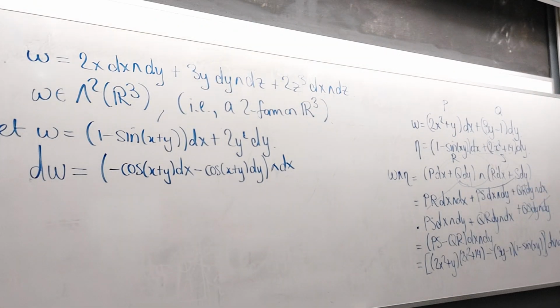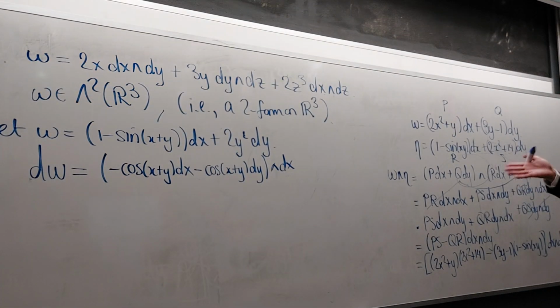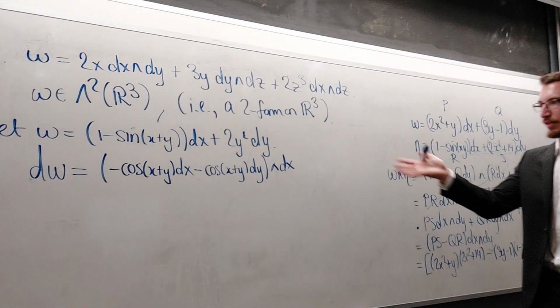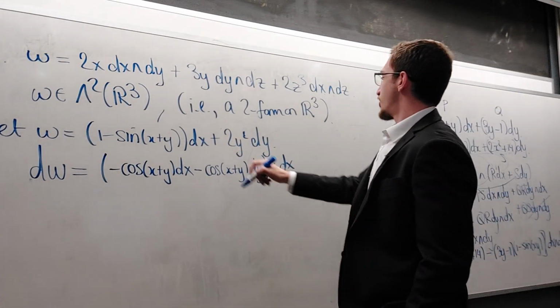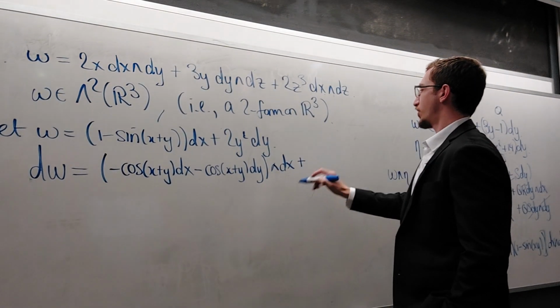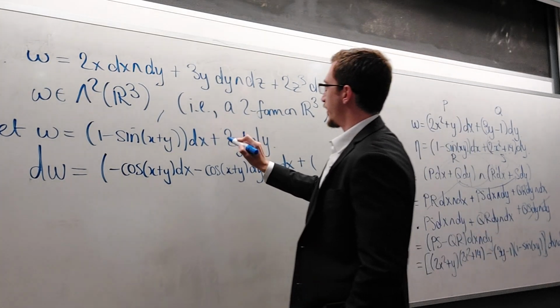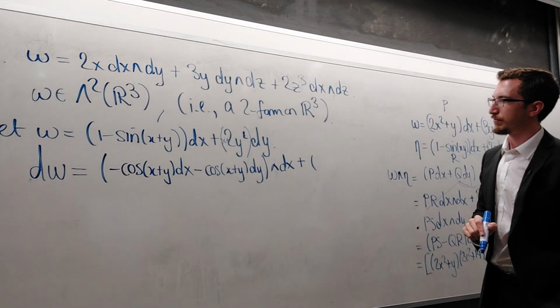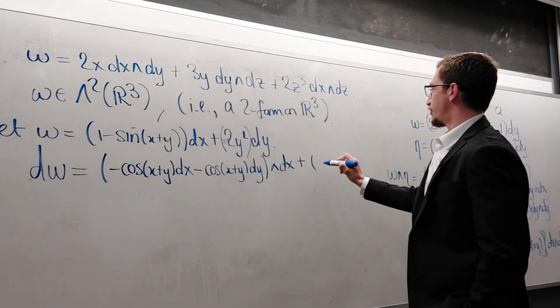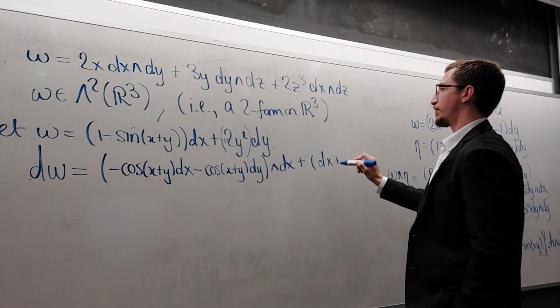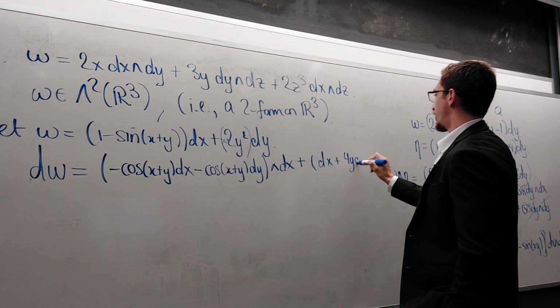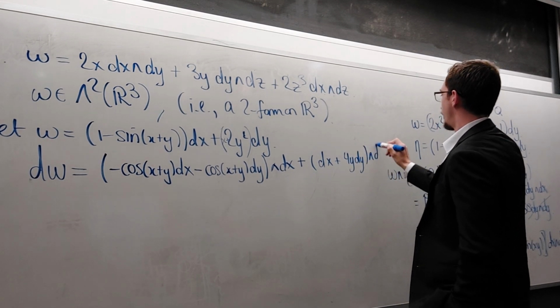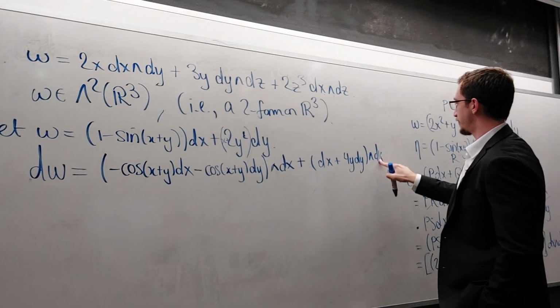You can't put dx and dy together, they have to be wedged. Similarly, here I've got, well, maybe I'll put an x here. So it's x plus 2y squared. That will give me dx plus 4y dy, wedge dy.